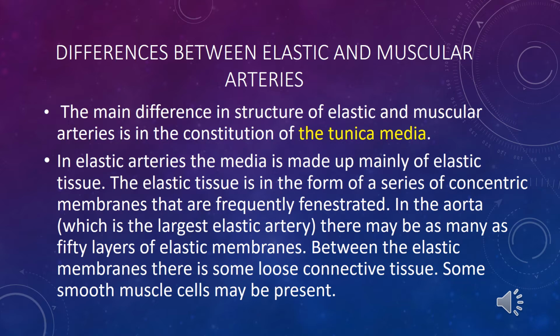This slide represents information about the differences between elastic and muscular arteries, and I want to say some words about the muscular elastic artery or elastic muscular artery. It's a middle to medium size artery, lying farther from the heart, after the elastic part of the arteries. It includes in the tunica media both smooth muscle cells and elastic fibers.